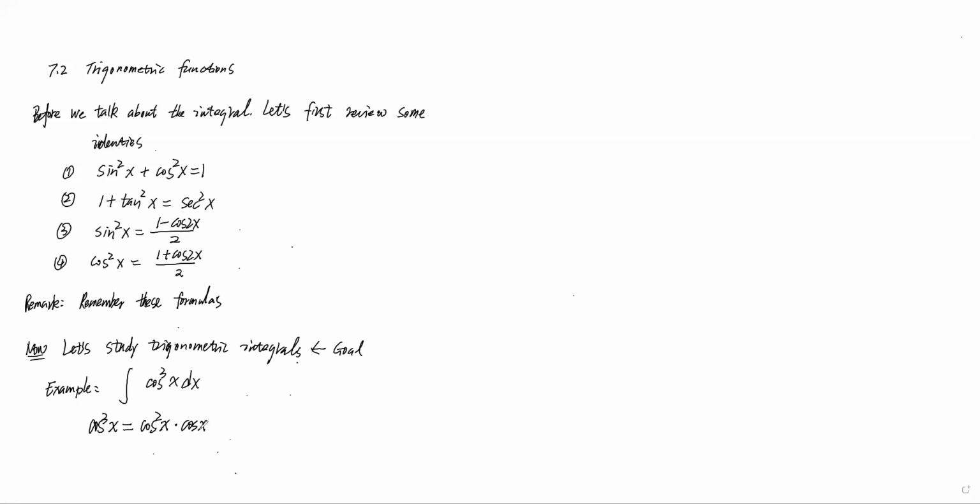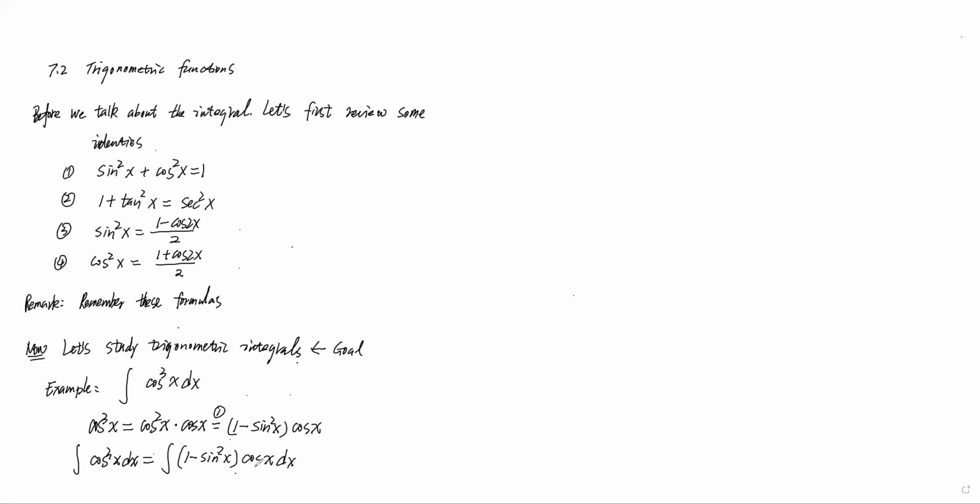For the first term, we use the first identity above: this is 1 minus sine squared x, times cosine x. So we have the integral of cosine cubed x dx is the integral of (1 minus sine squared x) cosine x dx.